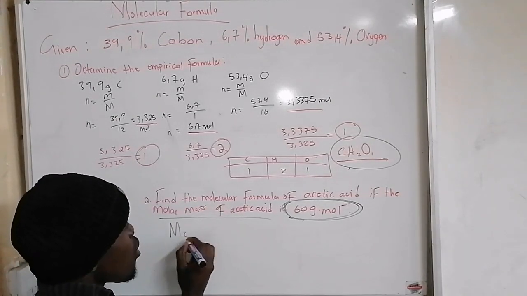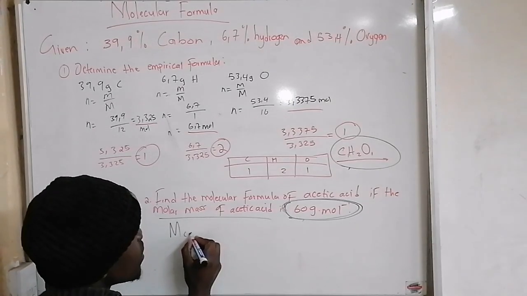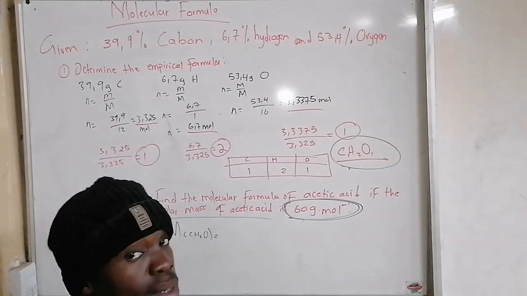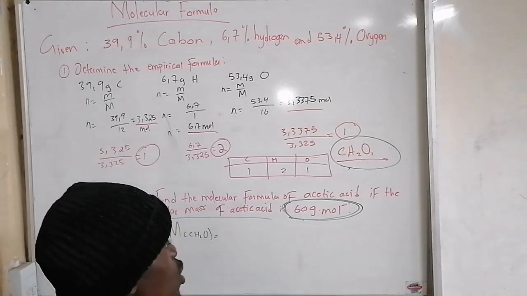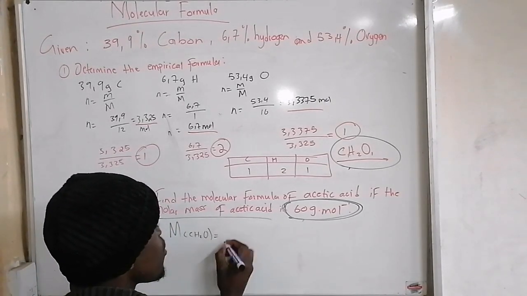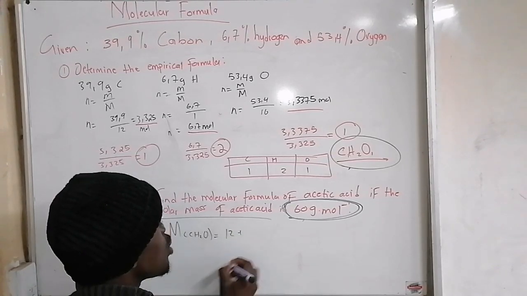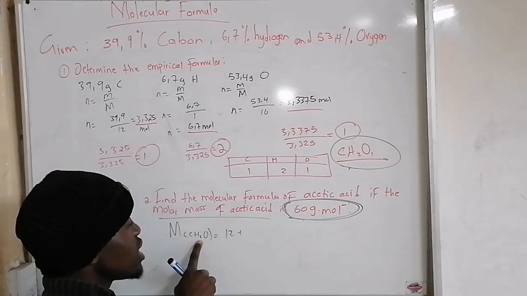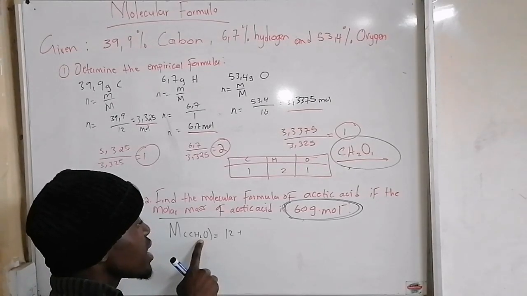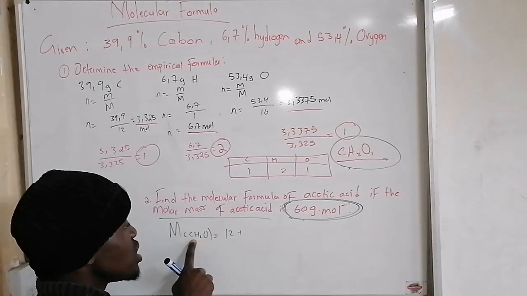Molar mass for the empirical formula, which is CH2O. For you to find the molar mass, you use your periodic table. What is the relative atomic mass for carbon? It is 12. For hydrogen, here we have H2. This subscript tells us that we need to multiply the relative atomic mass of hydrogen by 2.